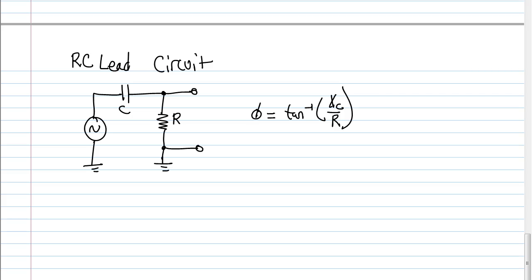Okay, so let's assume that this has a capacitive reactance of 150 ohms. Let's say this resistance has a resistance of 220. Then we should be able to figure out what the angle is. Right, find the arctangent of 150 over 220.